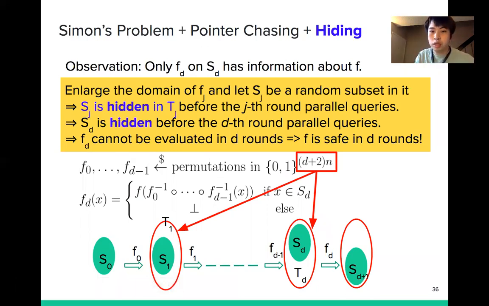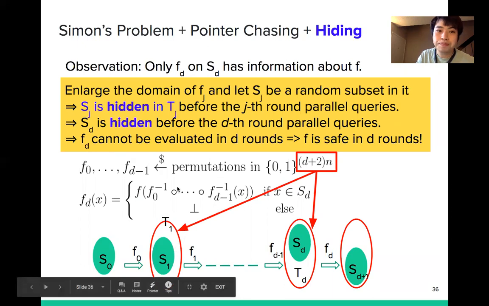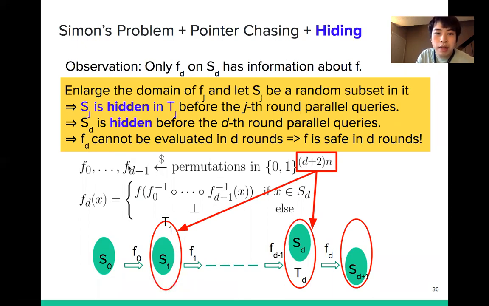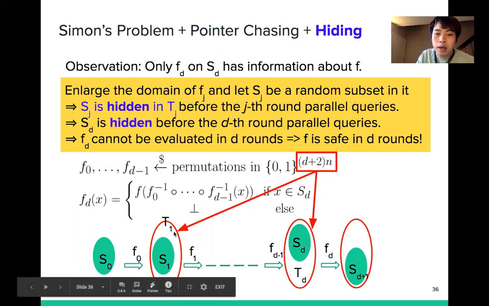We just enlarge the domains of the random permutations. Before, we had permutations on 0,1 to the n. Now we enlarge the domain to be permutations on 0,1 to the (d+2)n. And the same, f0 to fd minus 1 are just random permutations.